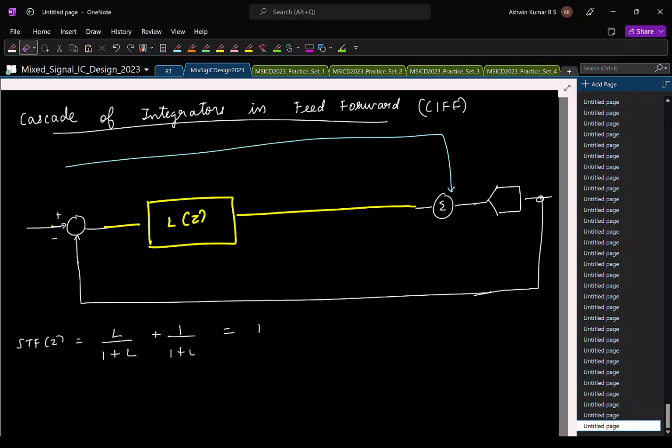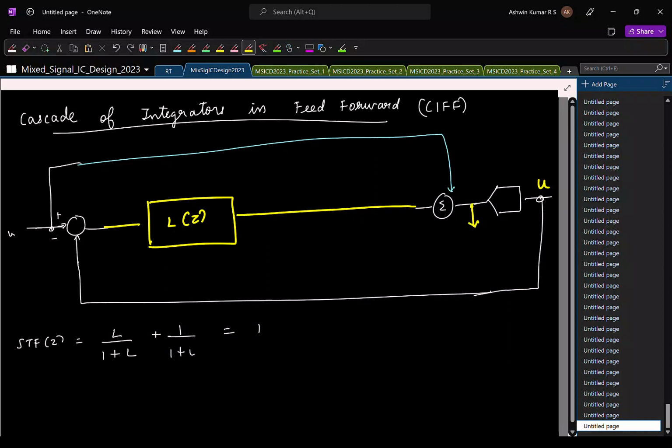So another nice thing about this is this. I'll mark this fully. You know that the output is going to contain the input directly, right? Exactly 1 STF. So which means here also I'll have the same input U. What can you say about the signal content here?